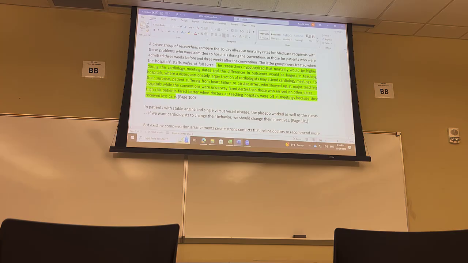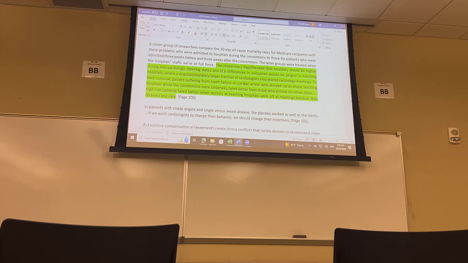The researchers hypothesized that mortality would be higher during the... this one's almost hilarious. So doctors are having a conference, and these researchers say, hey, this is great, because all the best surgeons are going to be at the conference. Let's see how much worse medical care is when all these high-paid, best skilled doctors are at the conference.